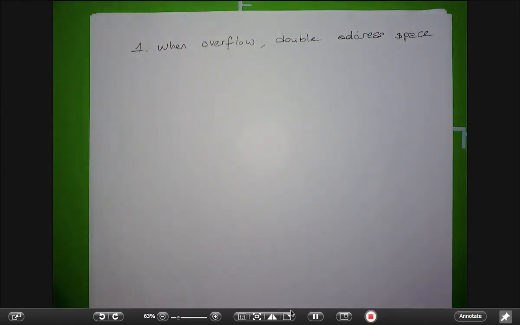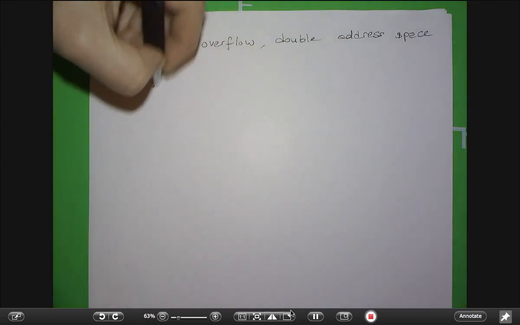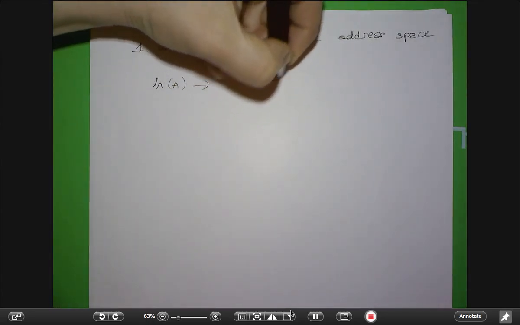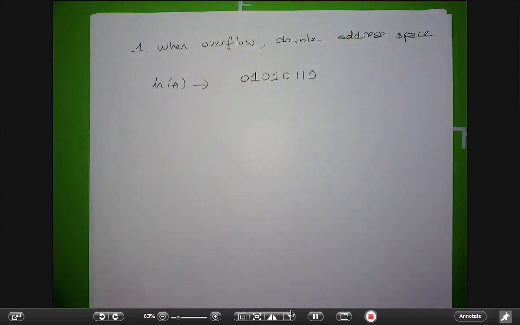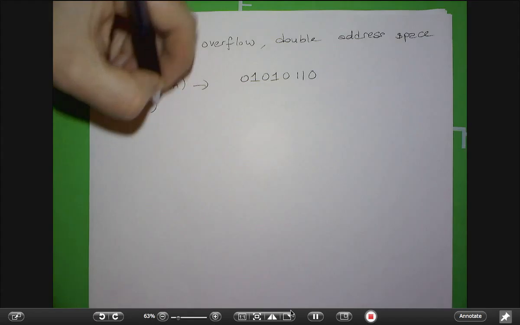Generally what you will do is take the hash. So your hash is some value. Let's represent that as a bit index. So let's say h of A is something like this.